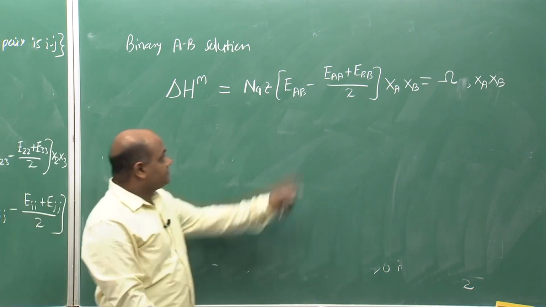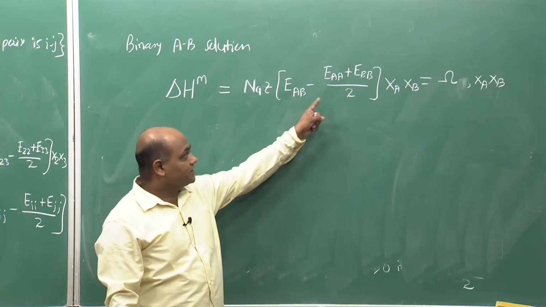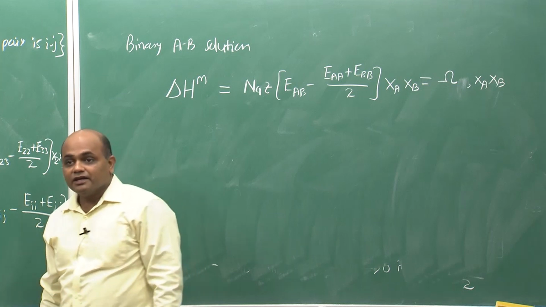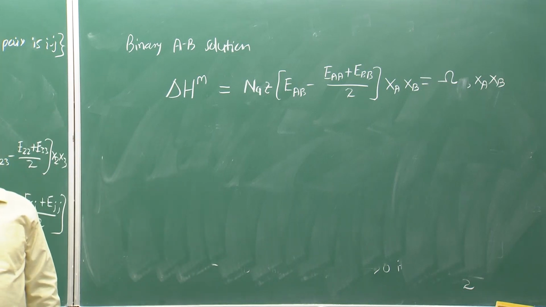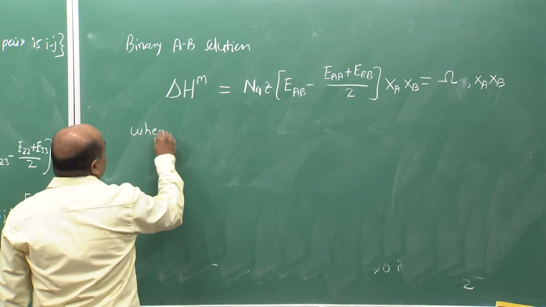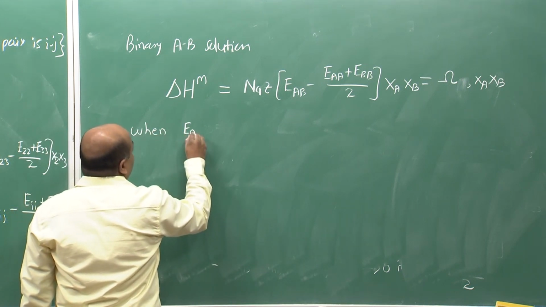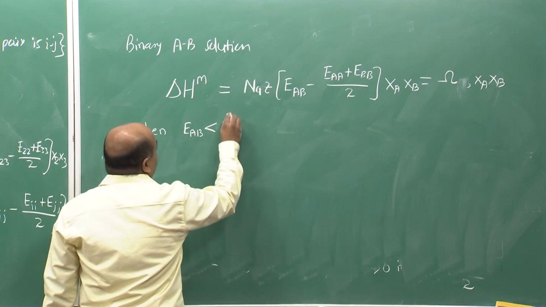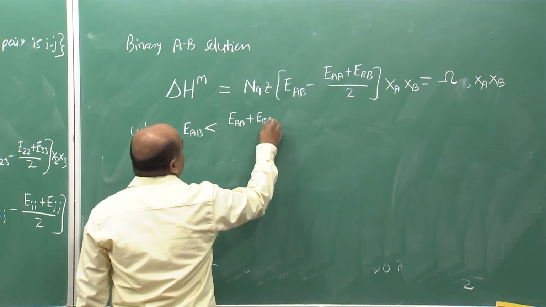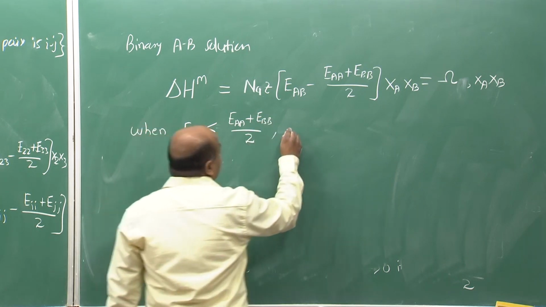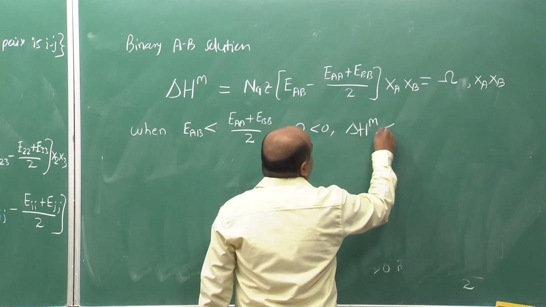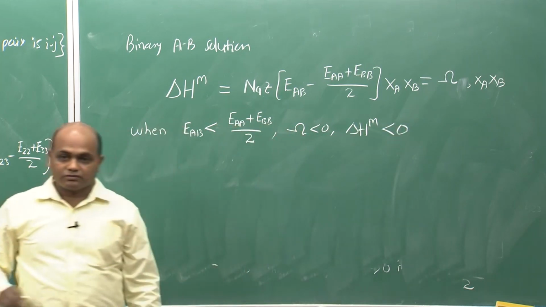Now, when the AB bond energy, as we have seen, is equal to the average of AA and BB bond energies, then delta Hm is 0 and the solution is ideal. But when EAB is less than the average of AA and BB bond energies, omega is less than 0, which means delta Hm is less than 0.